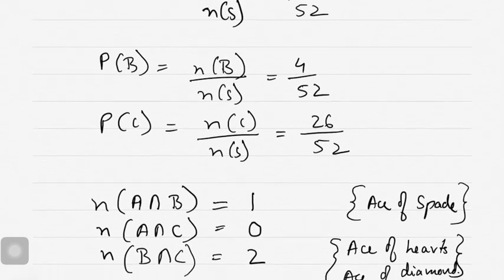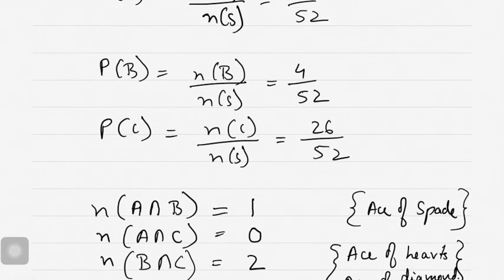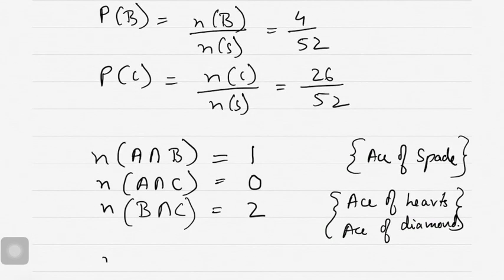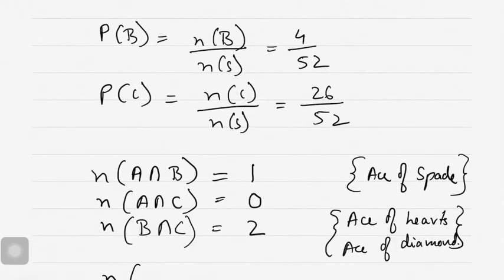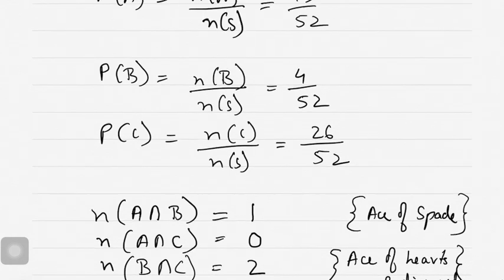We have found out A intersection B, A intersection C, and B intersection C. Now we need to find out a card which belongs to A, B as well as C. Is there any card which belongs to event A as well as B and as well as C?